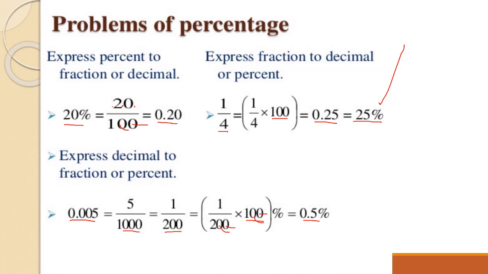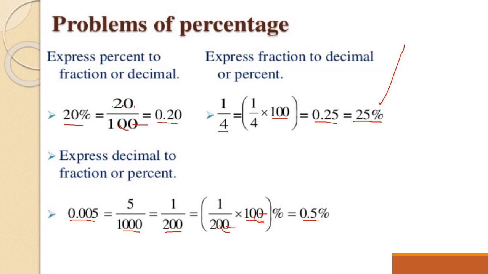So 1 over 4 times 100 is 100 over 4. When you divide, it is 0.25 as a decimal, and 0.25 as a percentage is 25%.